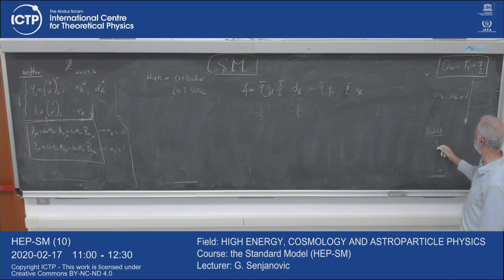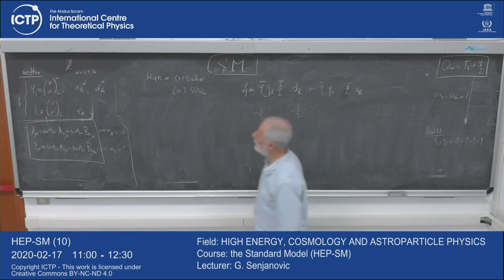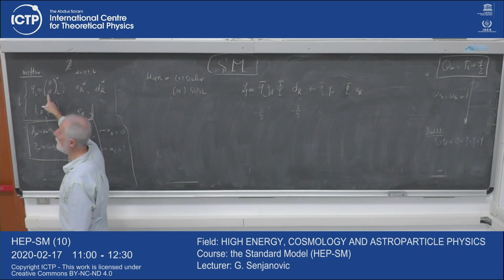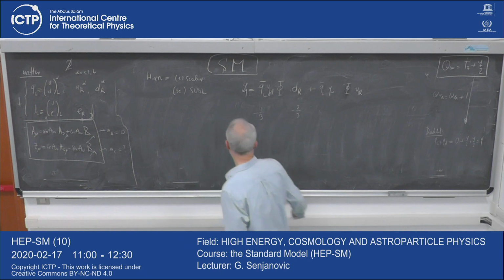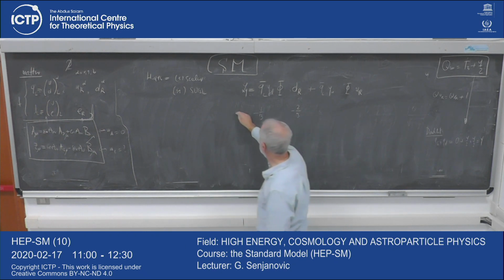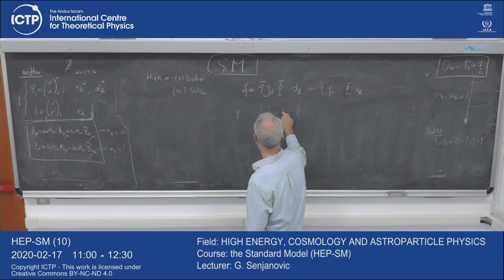The sum of the charges, Q up plus Q down, is the sum of T3, which is 0, plus Y/2 plus Y/2. That's Y. So it should be easy to remember. Y is just the sum of the charges in a doublet, which is 2/3 minus 1/3, is 1/3. So phi has a hypercharge plus 1.